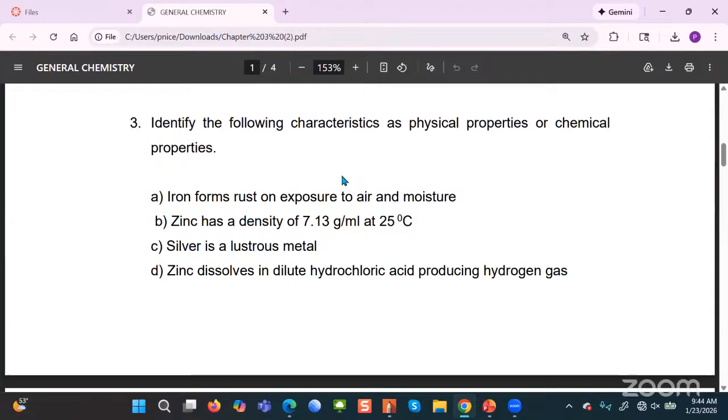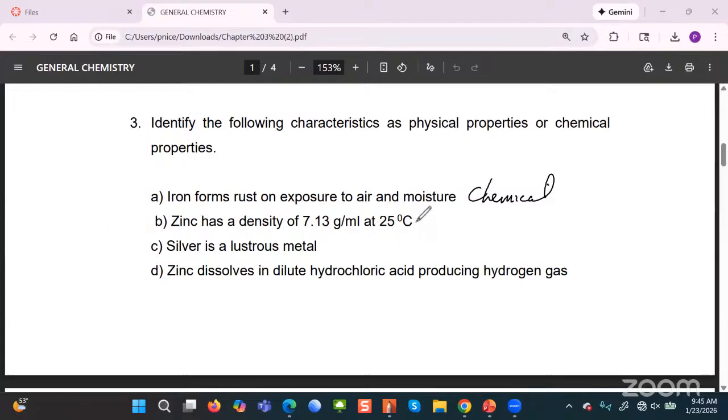Chemical properties are basically the type of chemical changes that a substance would undergo. So that's the difference between the two. Let's start off with iron forms rust on exposure to air and moisture. Is that a chemical or physical property? Chemical, because that's a chemical reaction where the iron is converted to rust, which is iron(III) oxide.